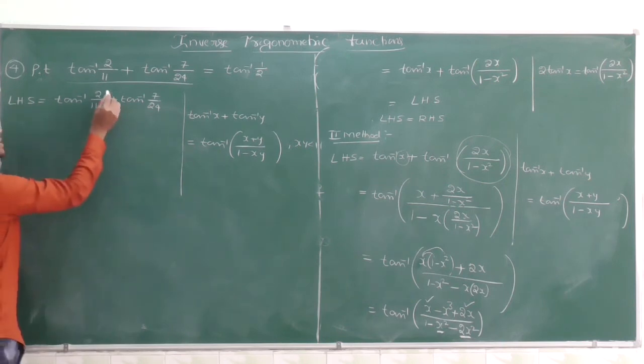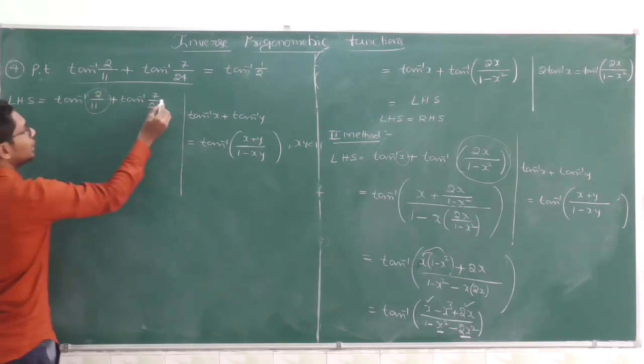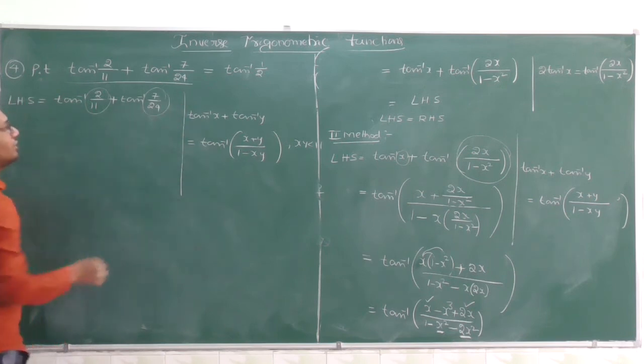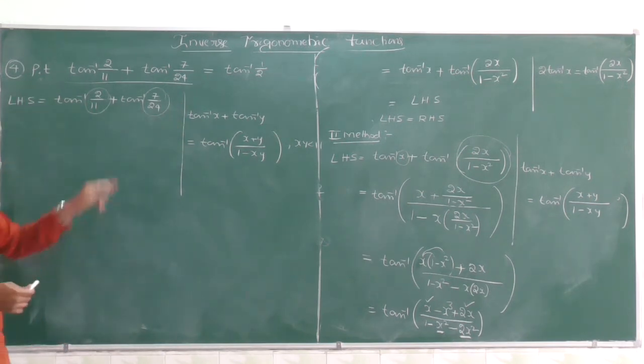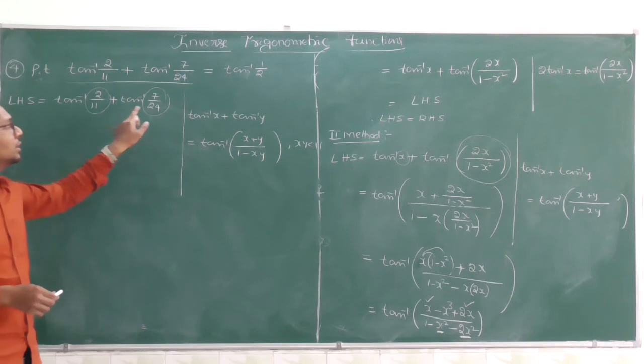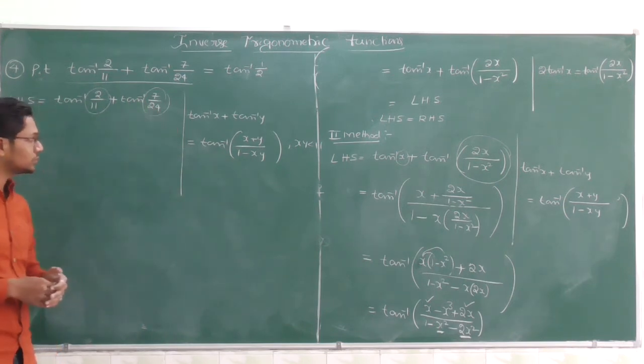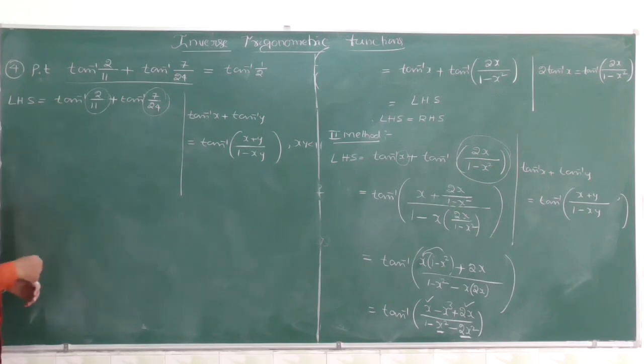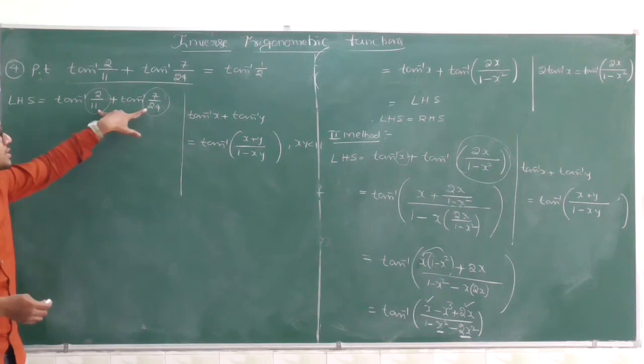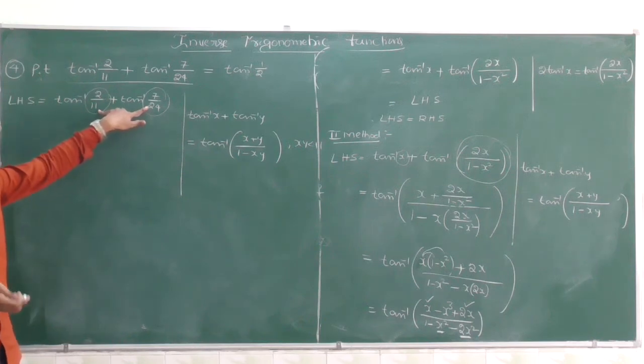Very simple. In place of x we have 2 by 11, and in place of y we have 7 by 24. Before applying this property, you have to verify whether the product of x and y is less than 1 or greater than 1.